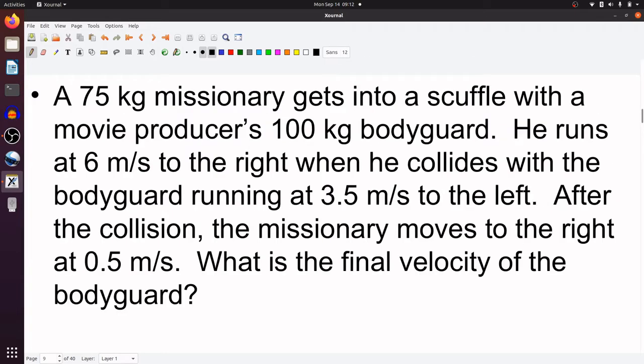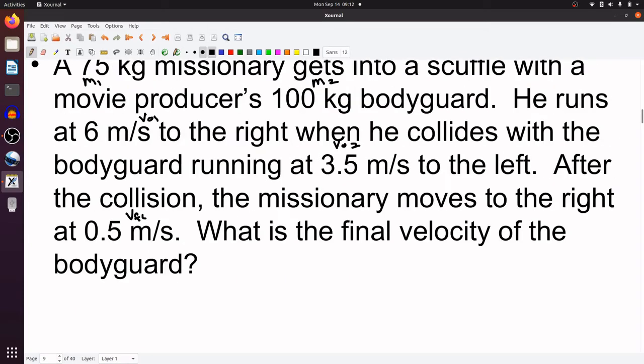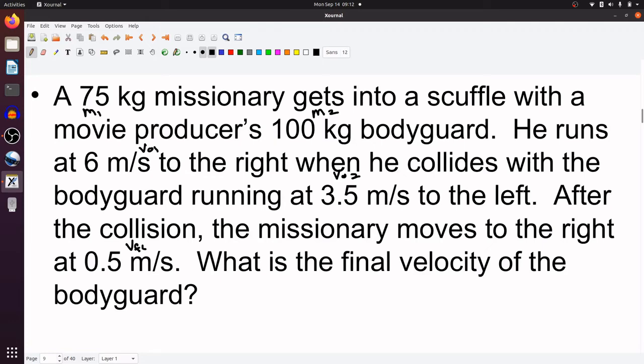Okay, so we're going to call the missionary M1. We're going to call the 100-kilogram bodyguard M2. Missionary V01, and the bodyguard is going to be V02. And then we have VF1, the velocity of the missionary afterwards. So, this is where the principle of conservation of linear momentum applies.